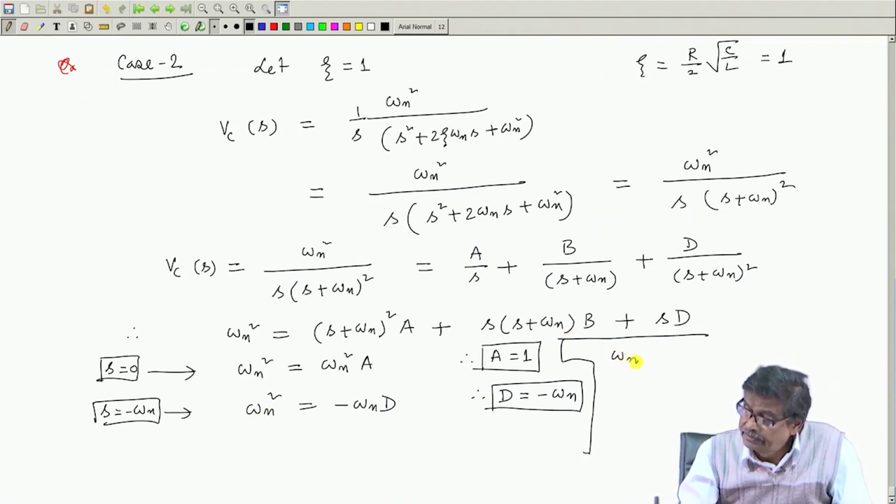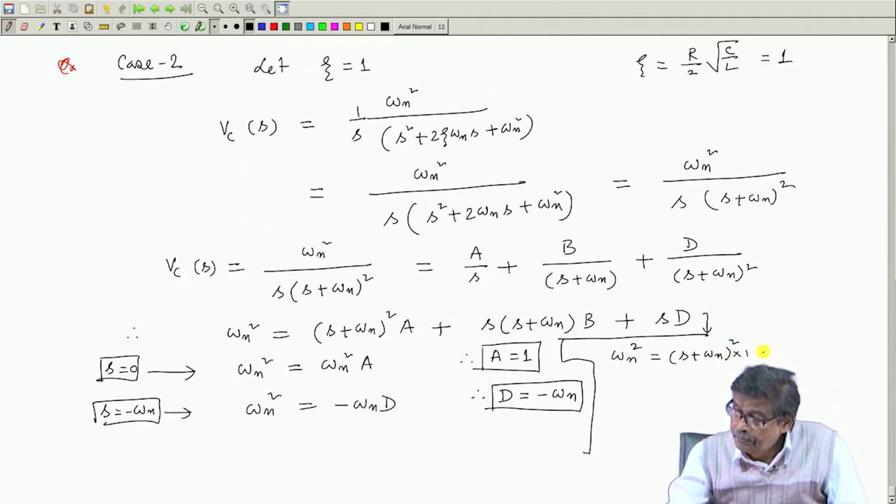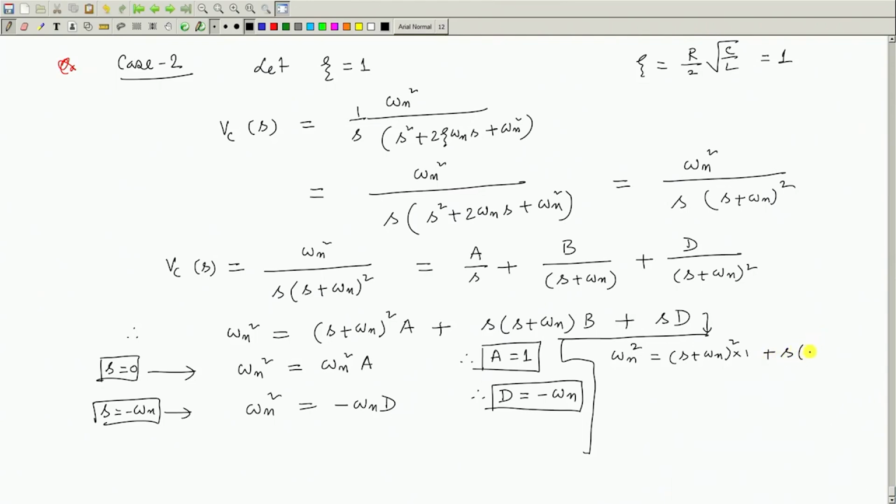I will write the same equation here: omega n square is equal to s plus omega n squared, a is 1, I know, I put that, plus b is unknown, s into s plus omega n into b, and d is known, minus omega n into s. So, in this expression put some suitable value, maybe s equal to 1.